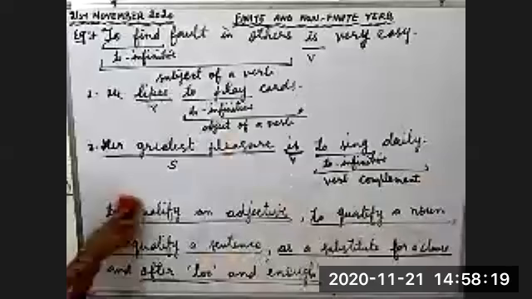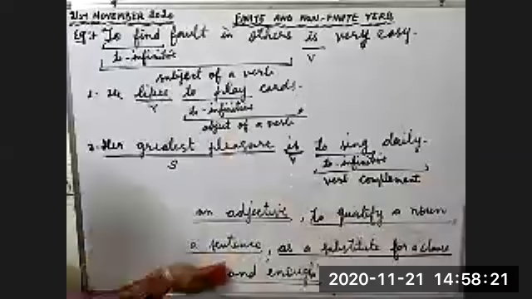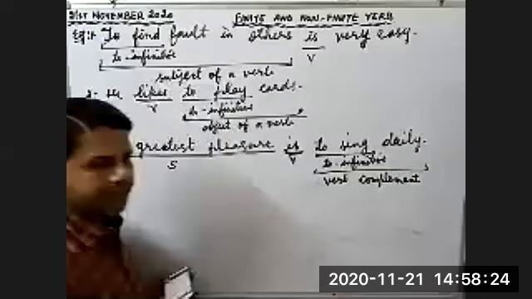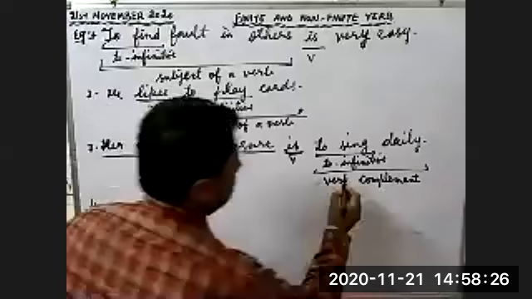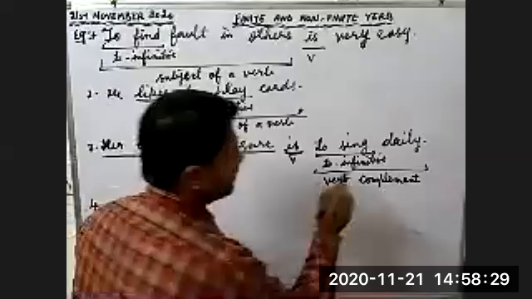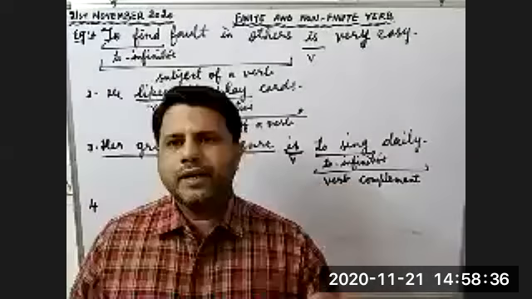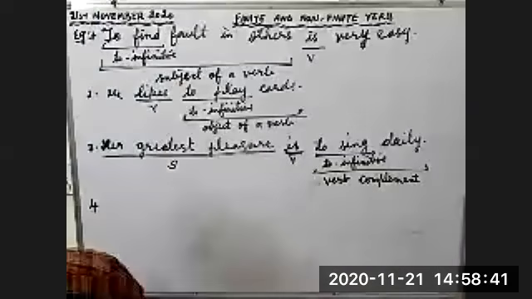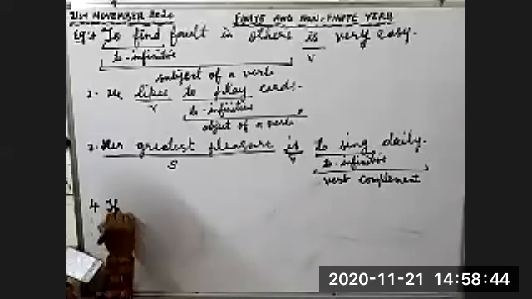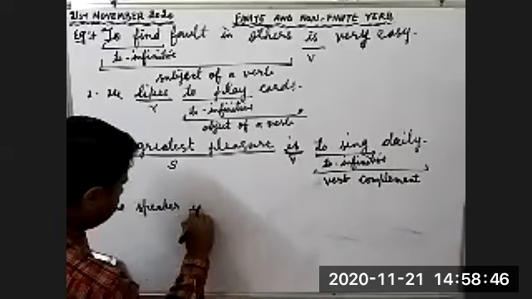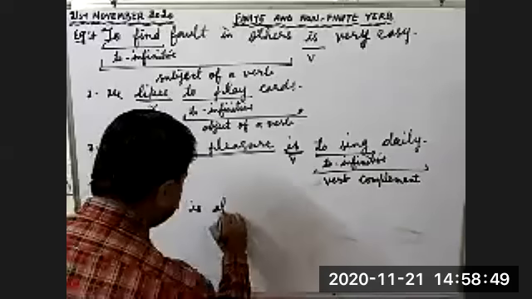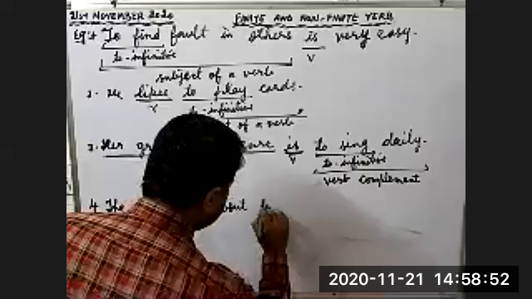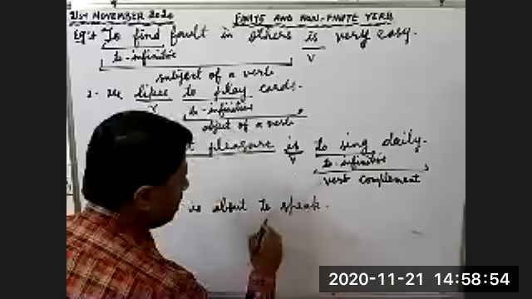Let's see the fourth example. Children will write 12 examples, then only the topic of to infinitive will be finished. Children, no need to learn anything. You have to just understand how to infinitives are used in a sentence. With practice only you will understand. The speaker is about to speak. Now see, what is this?